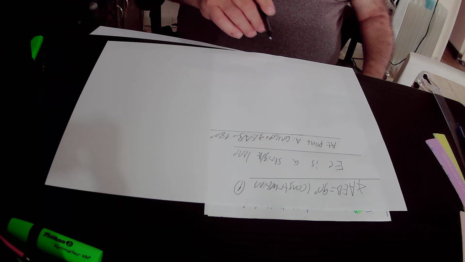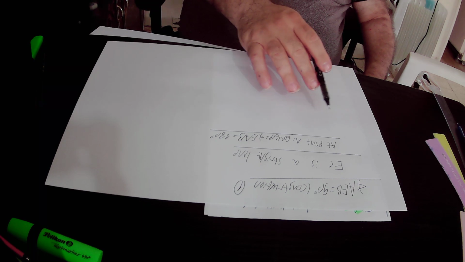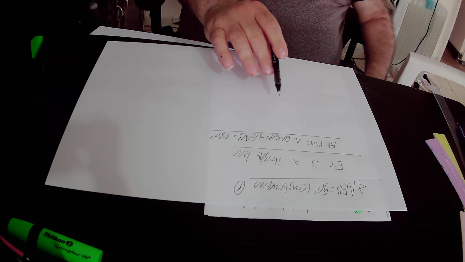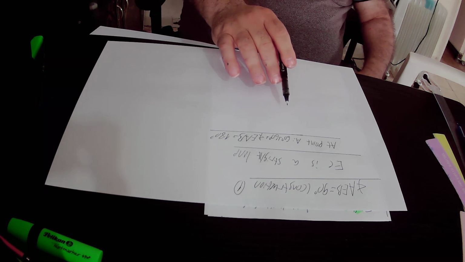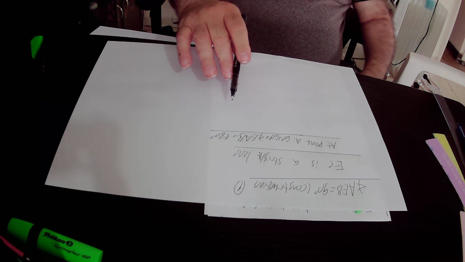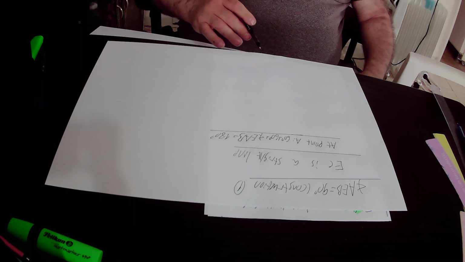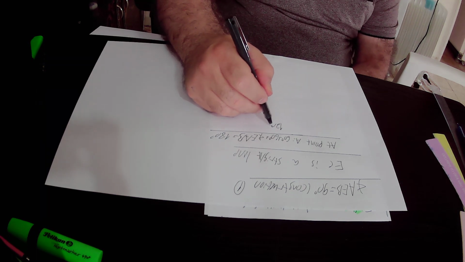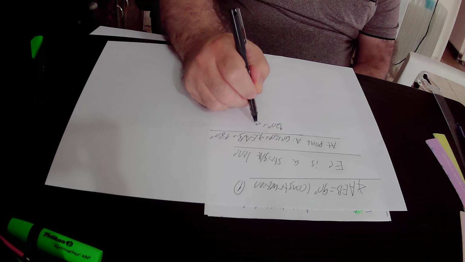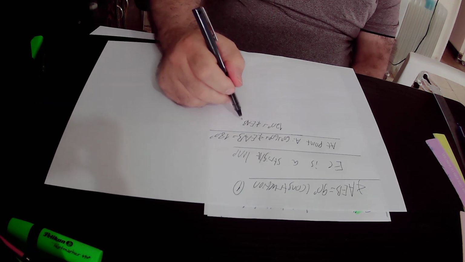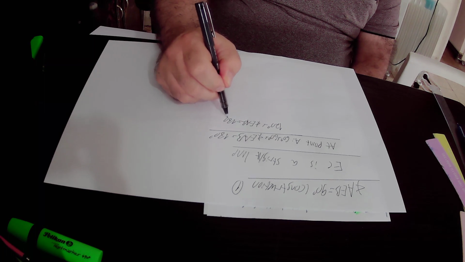So at the lower side of the straight line EC at point A, the sum of the angles must be equal to 180 degrees, that is to say 60 degrees plus 60 degrees plus angle EAB. In total, they must be equal to 180 degrees. 60 degrees plus 60 degrees is 120 degrees, plus angle EAB, they must be equal to 180 degrees.